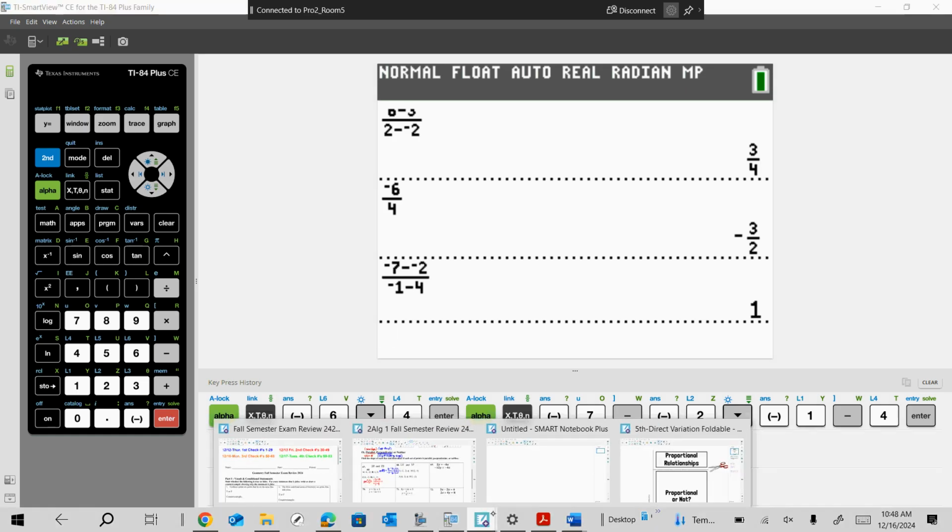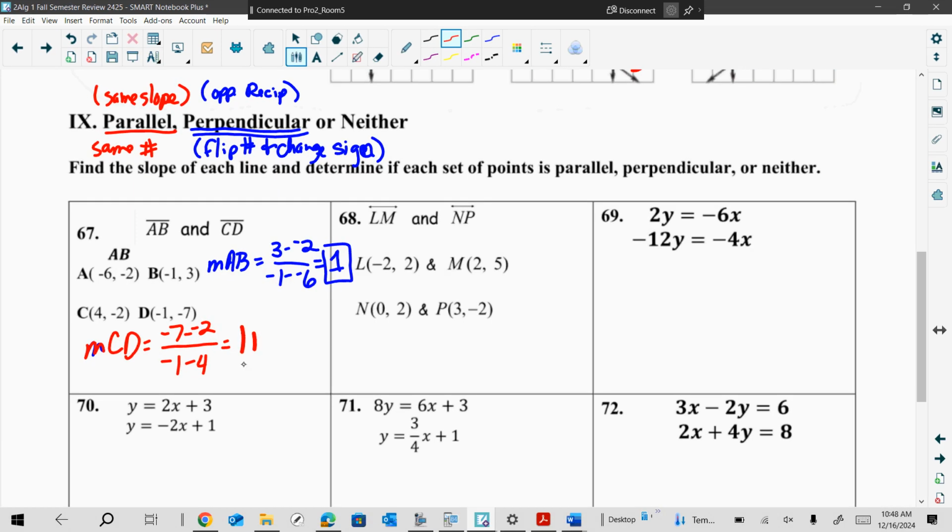Okay, because we have the same number, this is our symbol for parallel. 2 vertical lines, or the double L in the word parallel.